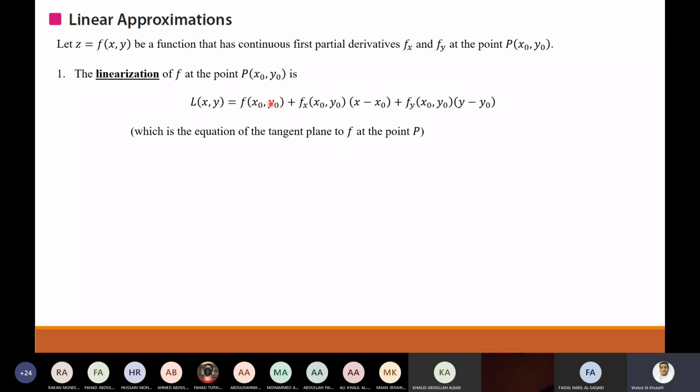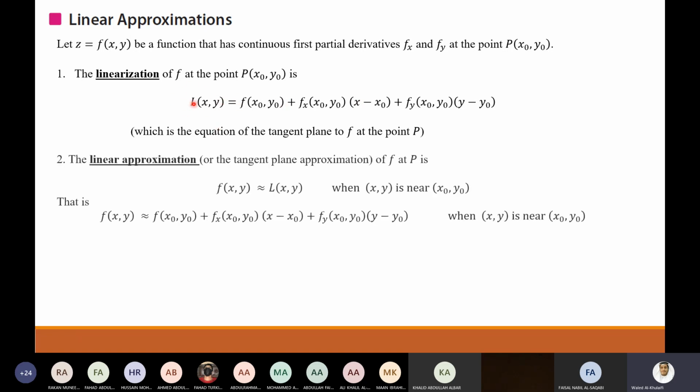This is the z0. And the rest is exactly what we saw in the previous slide. So the expression on the right-hand side, we think of it as a linearization of f.